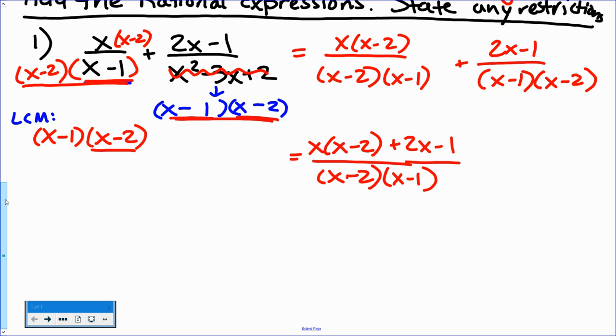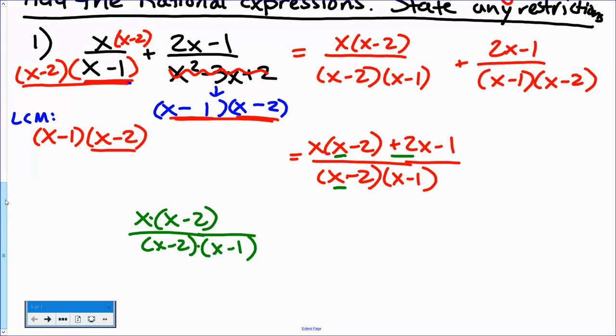Now I can't add these the way they are right now. I want to combine my like terms, but I can't do that until I distribute across the top. Okay. I will also have students that will really want to cross out the x minus 2 and this x minus 2, but I cannot do that if it was just written as this. Sure, I can cross those out because that is all multiplication.